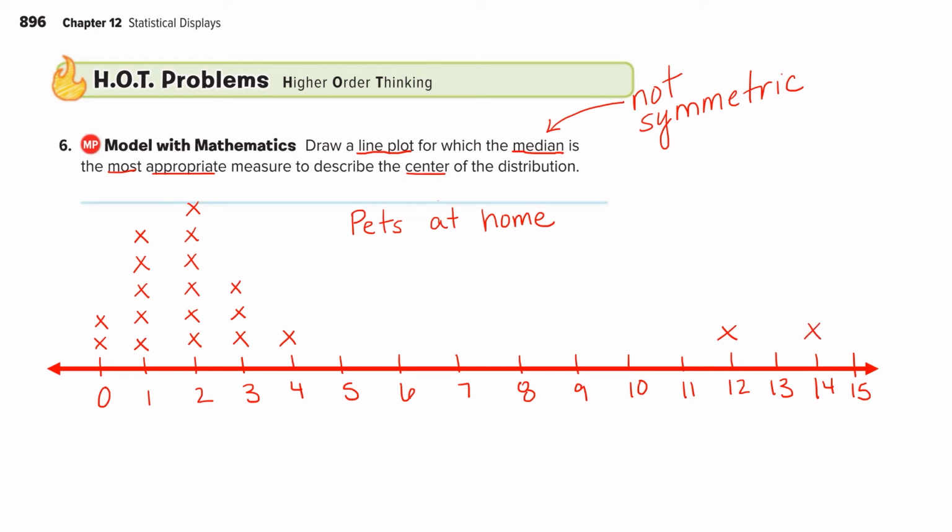All right. Well, I want to prove to you that the median is a better representation of the data than the mean. Okay, so let's record our data. We have 0, 0, and then I said we had 5 people. 1, 2, 3, 4, 5. And then 1, 2, 3, 4, 5, 6.